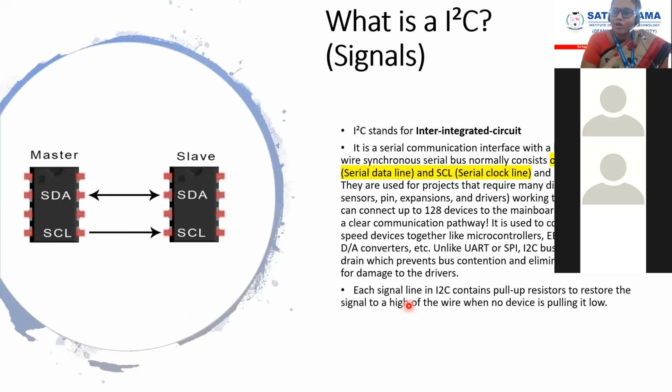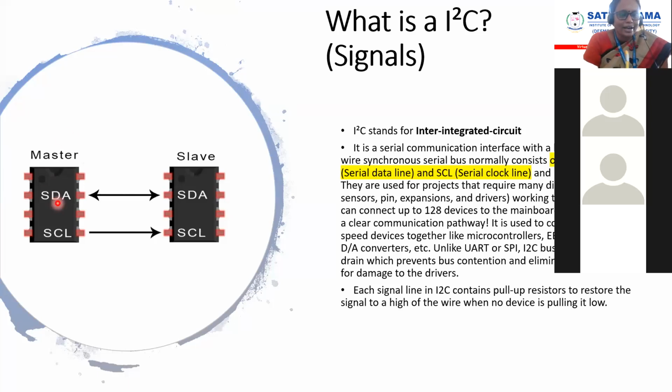What are the I2C signals? When you go with I2C, we have only two lines. This is my master and this is my slave. There will be many slave devices, but for your purpose I have taken only a single one to explain. In subsequent slides you will see in detail.